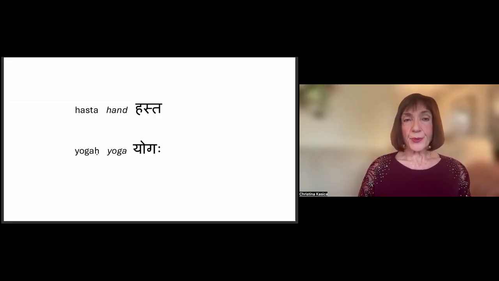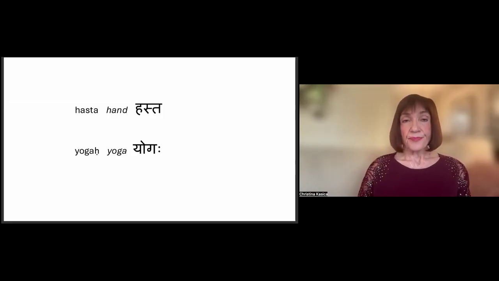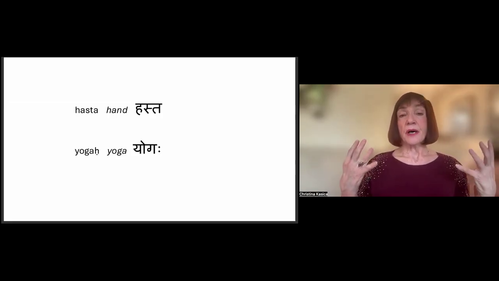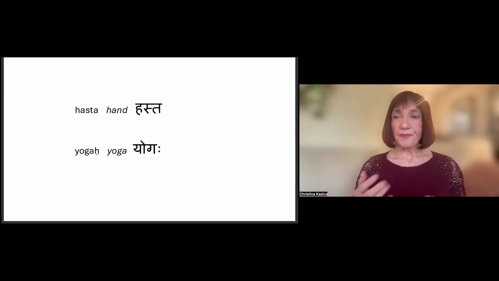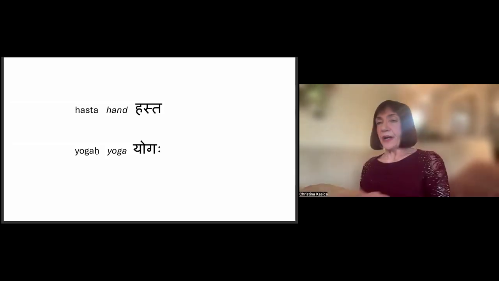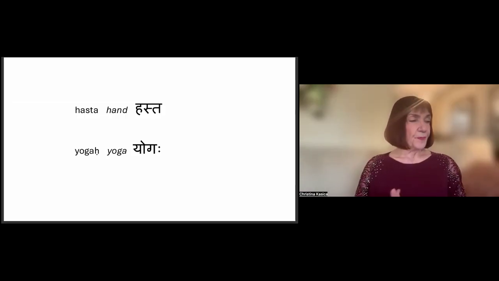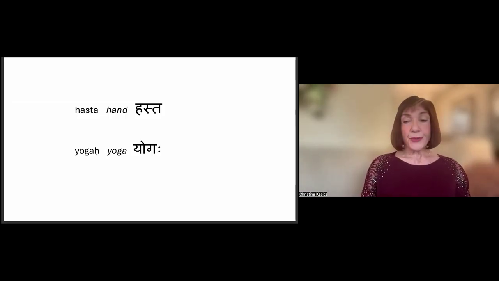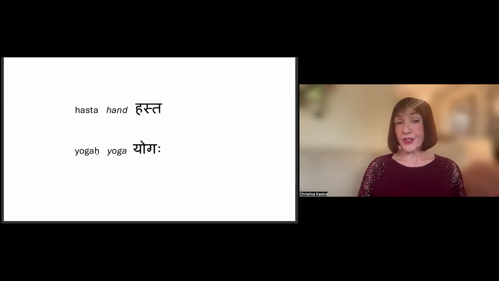Okay, here is the word for hand. Hasta. Everybody open their mics and say hasta. Hasta. Hand. Yes. So you see the H in the word hand. It's the first letter.